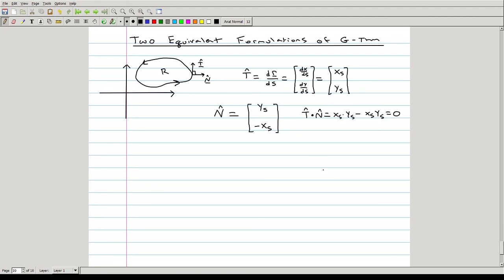So what we'll also do is define the vector field. We have the vector field F already, which is the vector field (P, Q). I'm also going to define the vector field G, which is the vector field (Q, negative P).